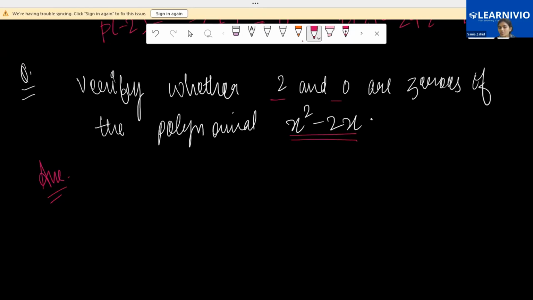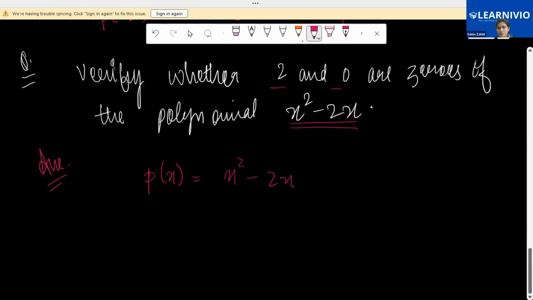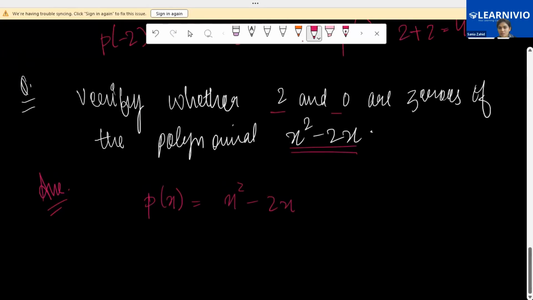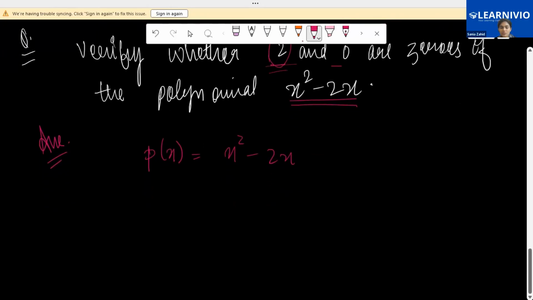So what is your polynomial? x squared minus 2x. So can I write it as P(x) is equal to x squared minus 2x? Now what is the value of x first of all? First we'll take 2. That's the value of x we have to take first. So in the first case, x is equal to 2.